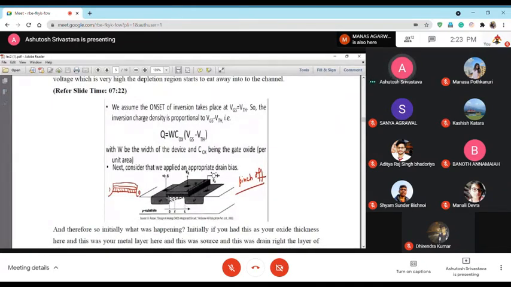It is the distance between the source and drain channel formation. So either you talk about the channel length or the gate length. This is how the industry defines it.